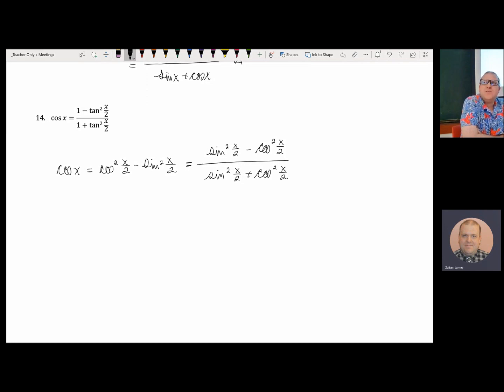I can just divide that by sine squared of x over 2 plus cosine squared of x over 2.